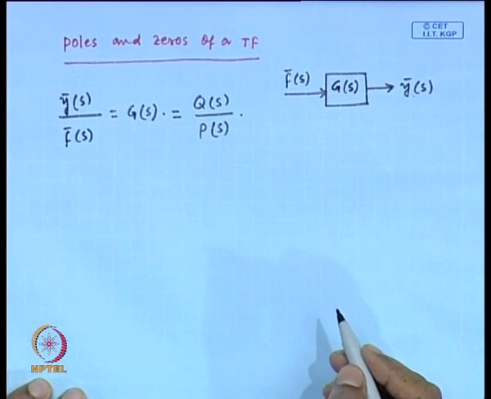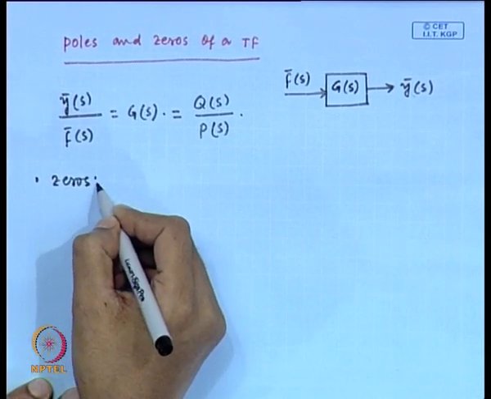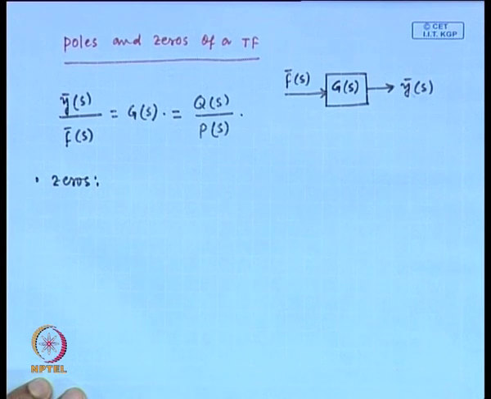Now, what are the zeros of a transfer function? Zeros. The roots of the polynomial Q(s) are the zeros of the transfer function or the system. If Q(s) is a polynomial, then the roots of Q(s) are the zeros of the system.